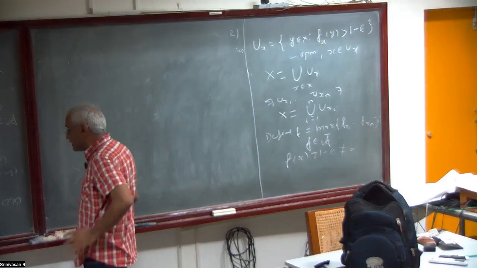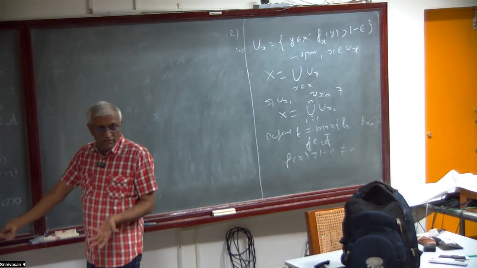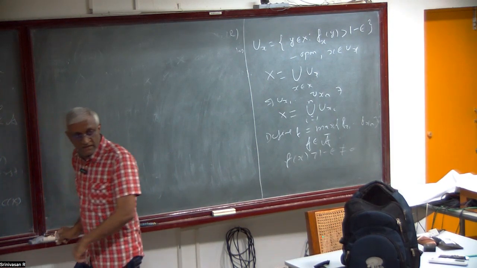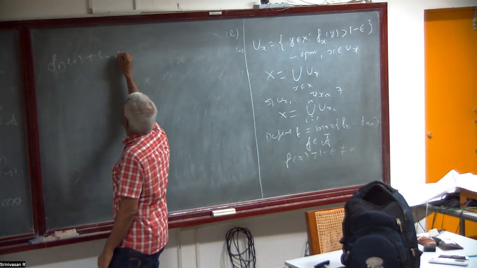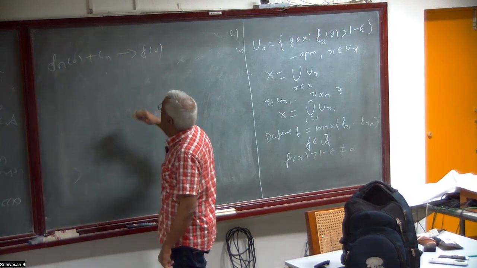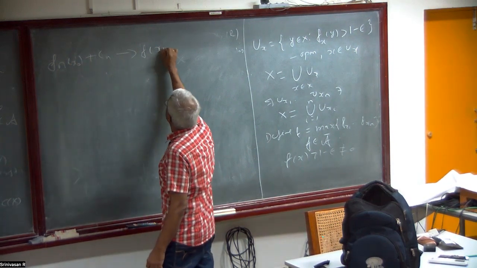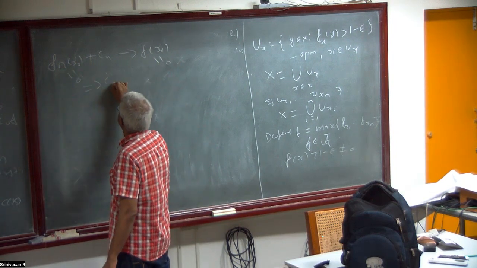Now this is uniform convergence, of course. So at x naught, it has to converge. Fn at x naught is 0, and F at x naught is 0, so this implies Cn goes to 0.